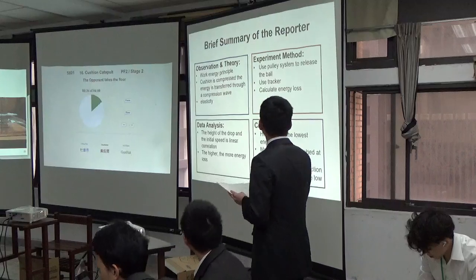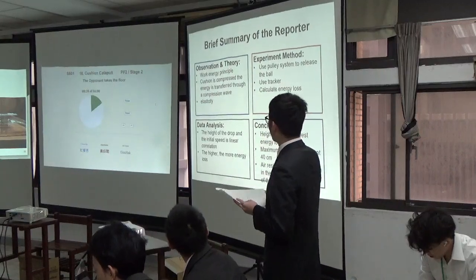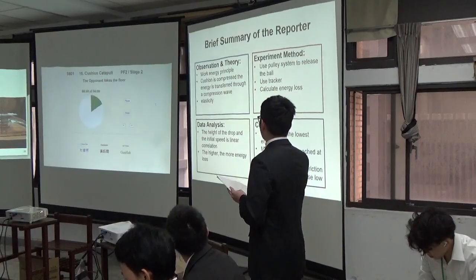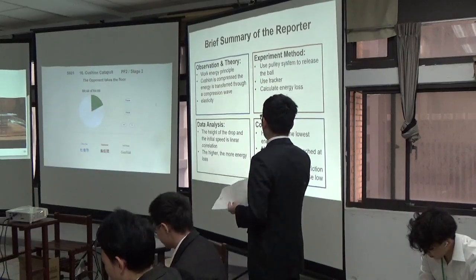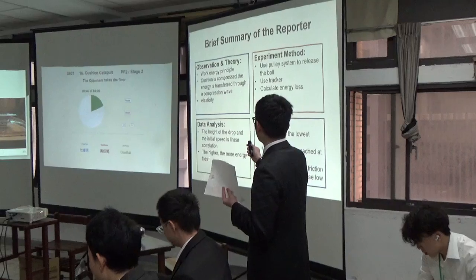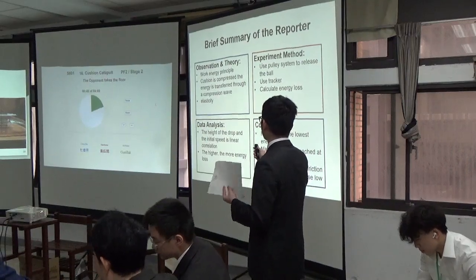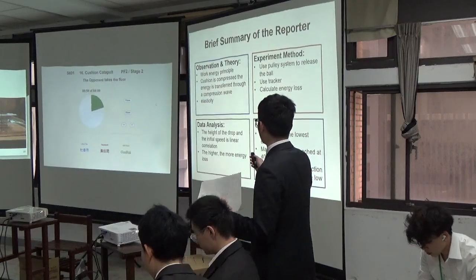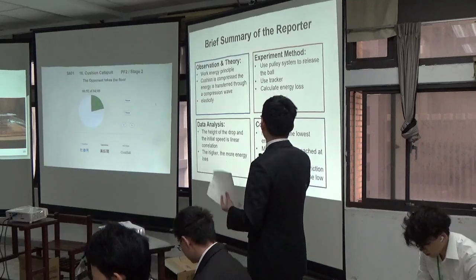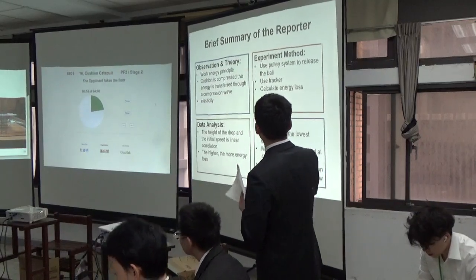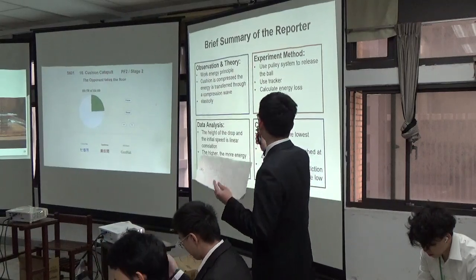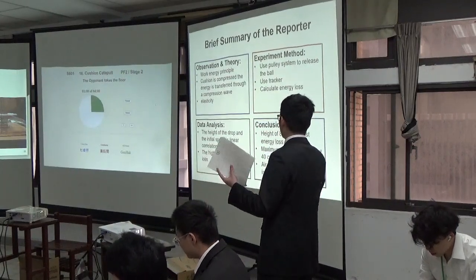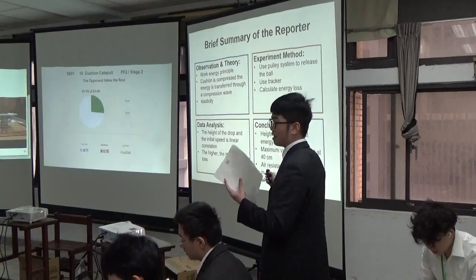This is the brief summary of the report. For the observation and theory, they use the work-energy principle to explain the experiment. They also mention that when the quotient is compressed, the energy is transformed to a compression wave, and they talk about elasticity. For the experiment method, they use a Foley system to release the ball and use Tracker to analyze the experimental result, and they calculate the energy loss.